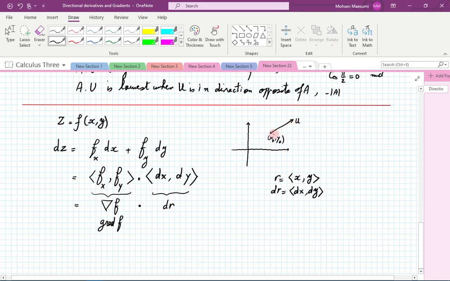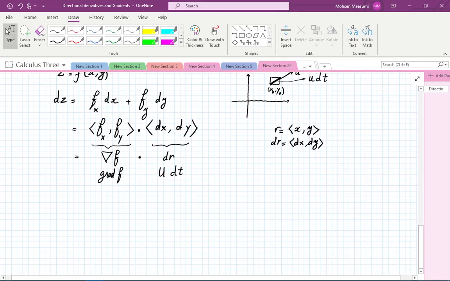When a small displacement dx and dy is employed here, this little vector, maybe I write it as u dt. So another representation for dr is the unit vector in the direction of travel times the differential dt. We are going to use all of these.